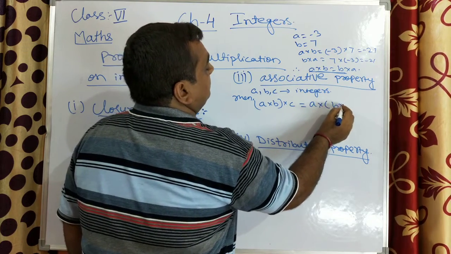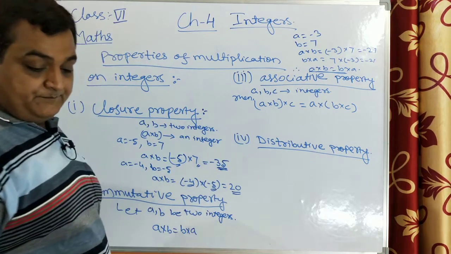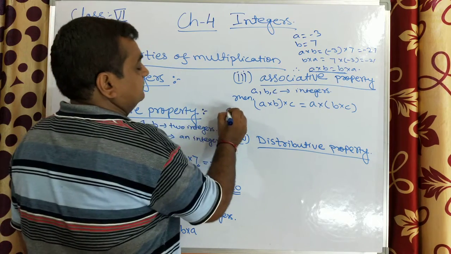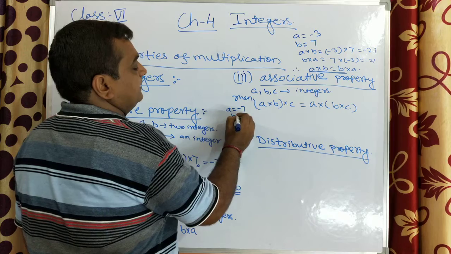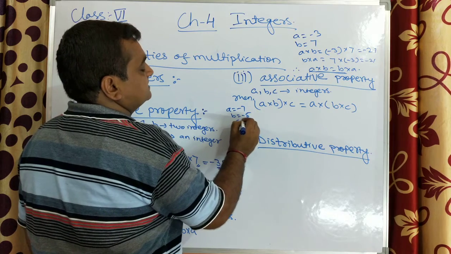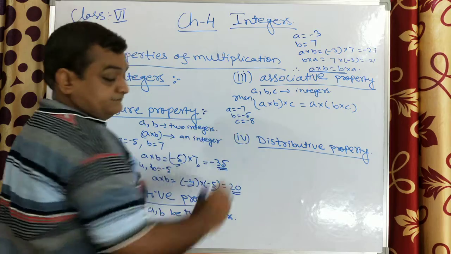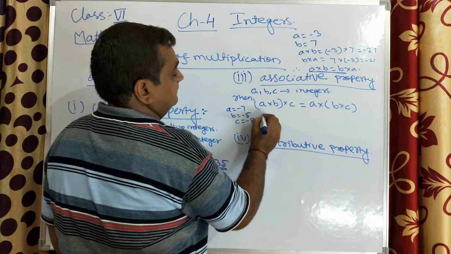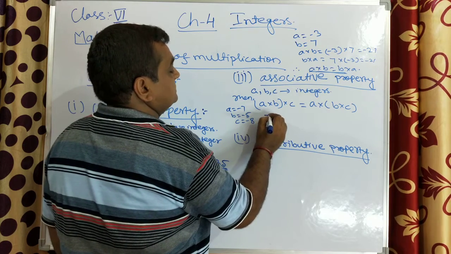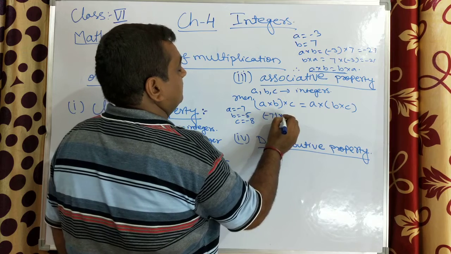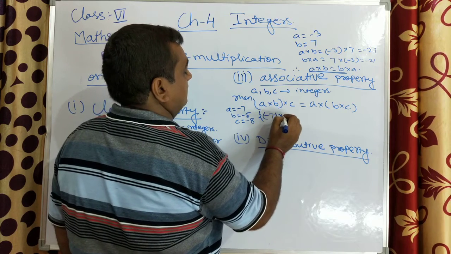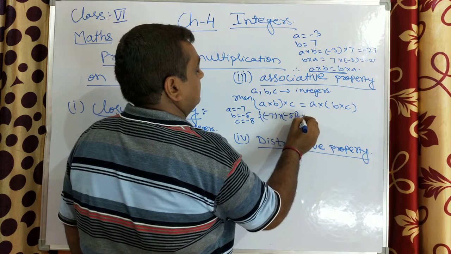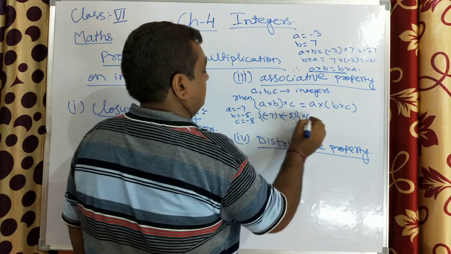For example, let us consider a equals -7, b equals -5 and c equals -8. Now a into b, so -7 into -5 into -8 equals -280.